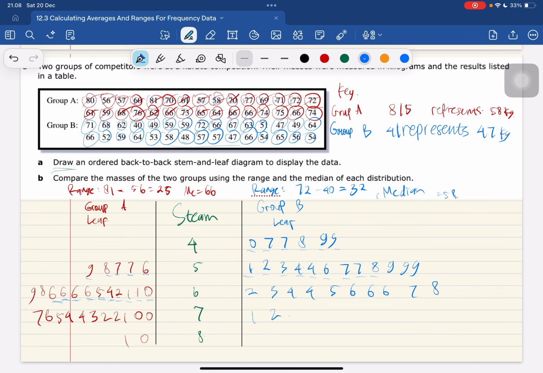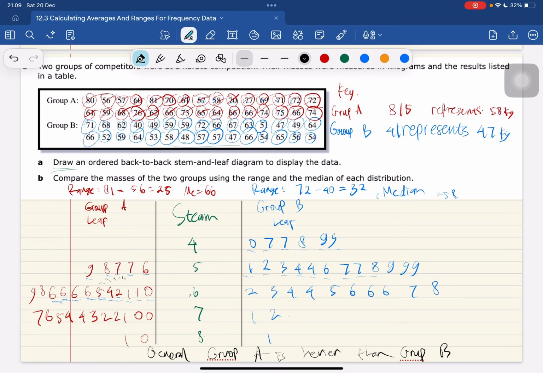That is correct. So in general, group A is heavier than group B. The distribution of group A is more clustered around the higher values, and only 5 competitors of group A weighed less than 60.